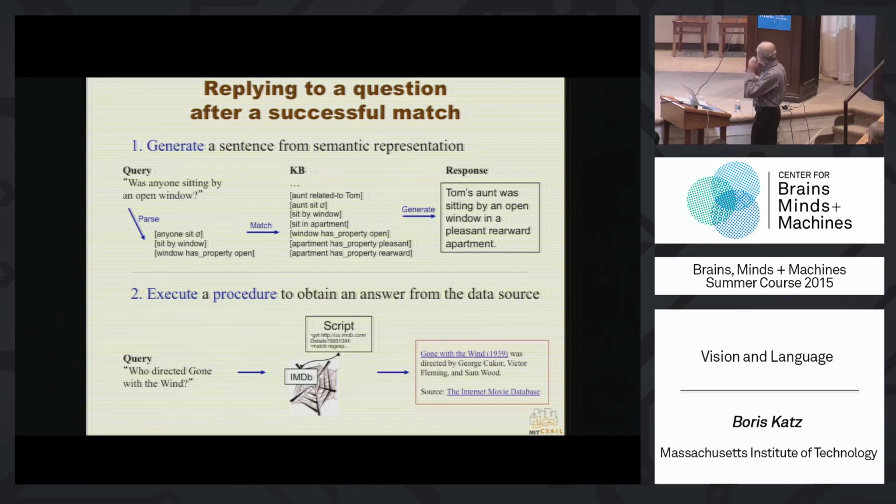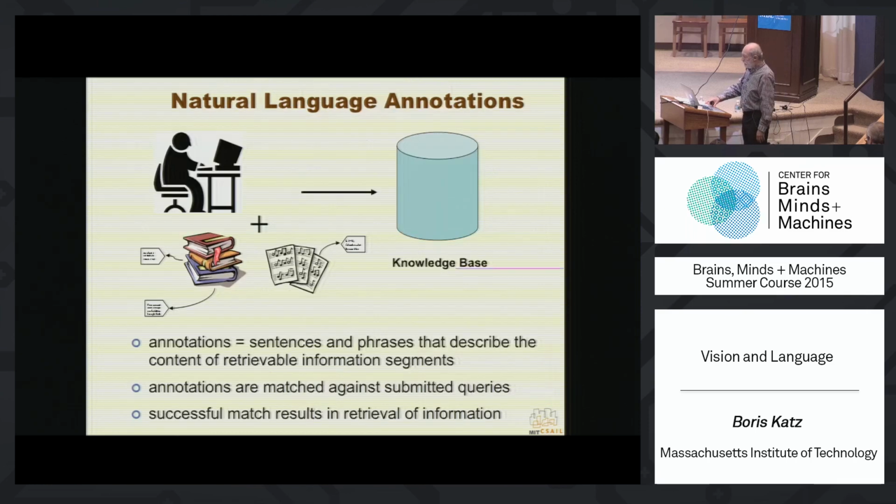So how is this done? Well, in order to explain that, I need two more ideas. One is a natural language annotation idea. So annotations are sentences and phrases that describe the content of a retrievable information segment. This graphic shows these sentence-level and phrase-level labels on some data, and they describe the retrievable information segments.